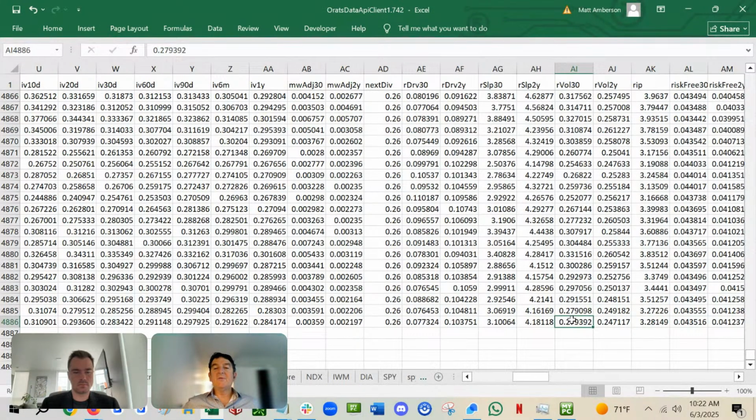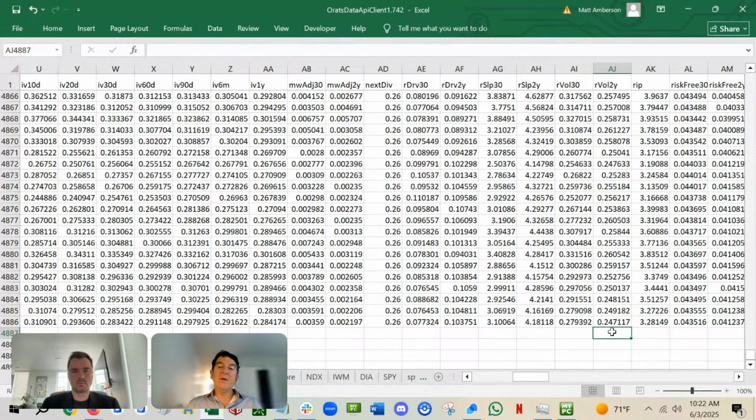RVol 30 is one of the parameters that we use to calculate the entire volatility surface. We try to do it with a 30-day, a 2-year, slope, derivative, and earnings. And just with those, we try to summarize the entire volatility skew. So that's how those are different.